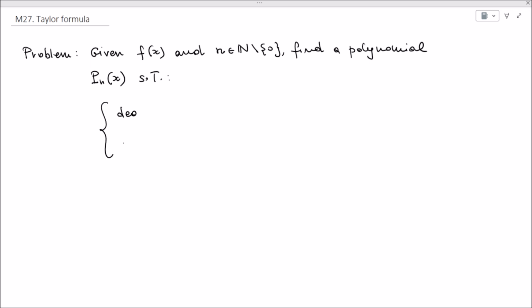The degree of P n of x has to be less than or equal to n, and the function f of x can be approximated by the polynomial Pn of x, and in this approximation we make an error which is little o of x to the n for x that goes to 0.